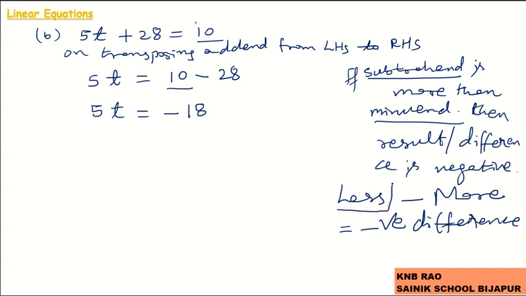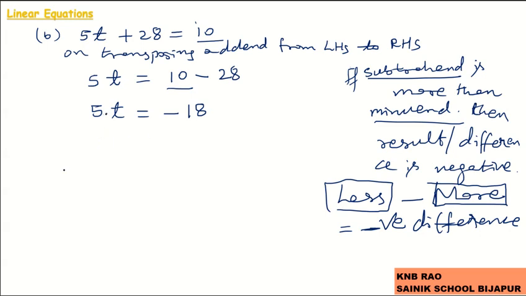From less, if you subtract more, you will get a negative difference. So be careful, you know how to do subtraction. So 10 minus 28 is nothing but minus 18.